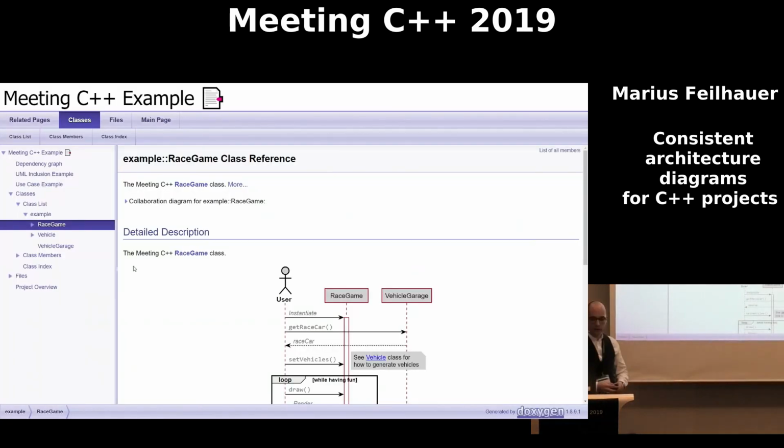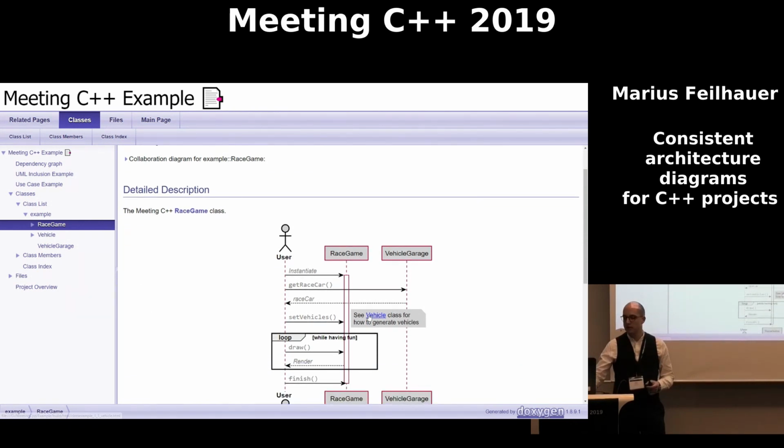And in the end, you get this as the output. And the Doxygen name resolution allows you to, for example, here automatically generate a link to the race game class if you type race game. It's possible to place links here, but currently there's no Doxygen support for creating these links automatically.